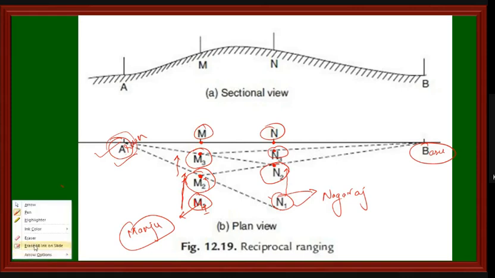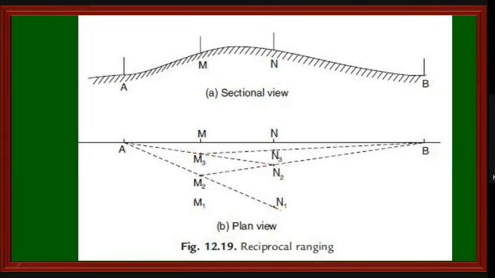I will explain once more. M1, A, N1, B. M1 is directed so that with the help of A and N1, M1 will come in between A and N1. M1 will take the second position, that is M2.